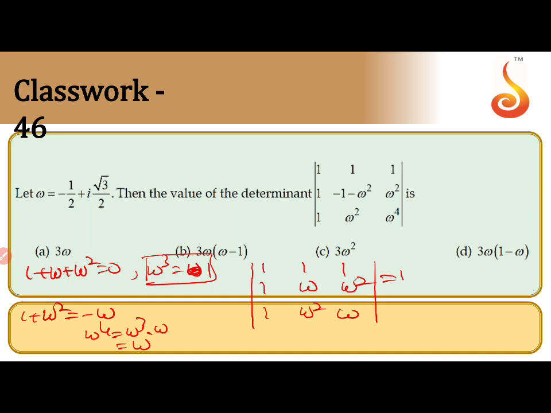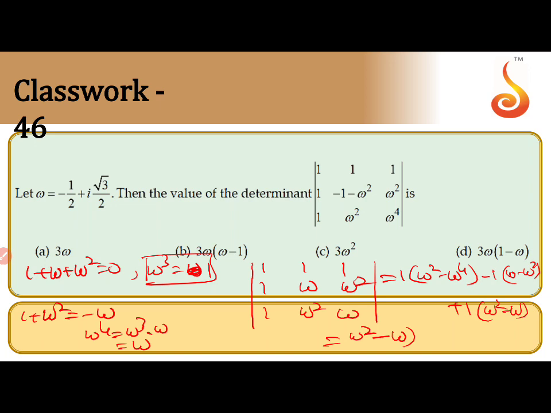You can calculate this as a normal determinant: 1 into (omega square minus omega power 4), next minus 1 into (omega minus omega square), next plus 1 into (omega square minus omega). Simplify this. This is omega square, and omega power 4 is again omega.